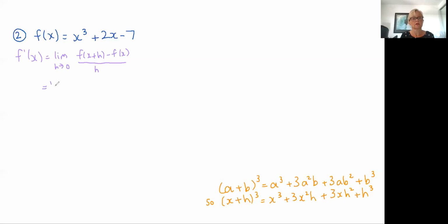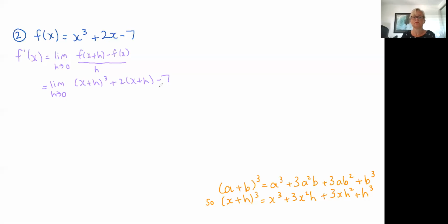All right, keep writing limit because we haven't calculated it yet. f of x plus h is going to be this function, but with x plus h subbed in. So we're going to get x plus h all cubed plus 2 lots of x plus h minus 7. Well, 7 is 7 regardless.